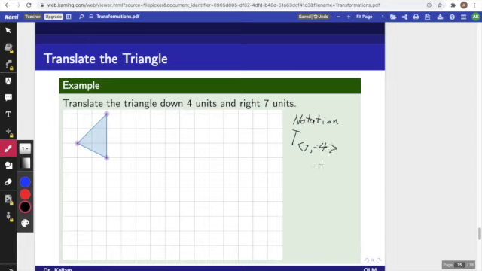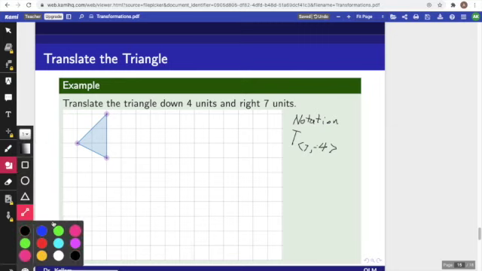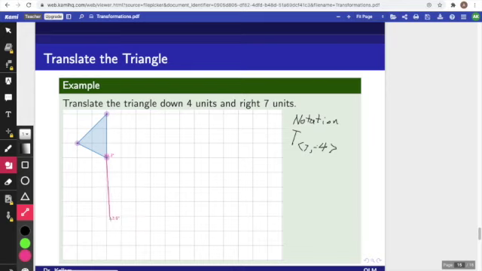Okay. So what we're going to do is take every point, and I'm going to do this with a line, and we'll make the lines that color. With every single one of these, I'm going to start off by going down 4. 1, 2, 3, 4, and then to the right 7. 1, 2, 3, 4, 5, 6, 7.